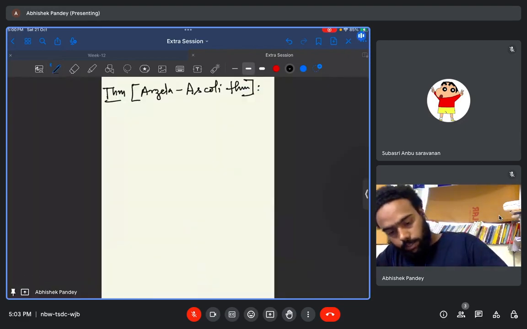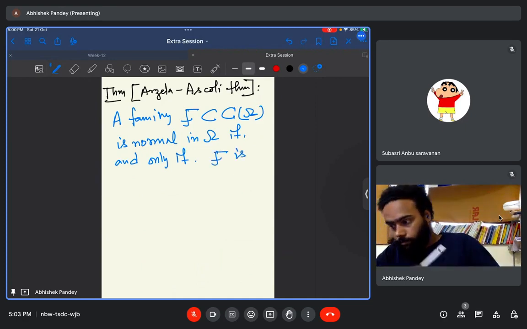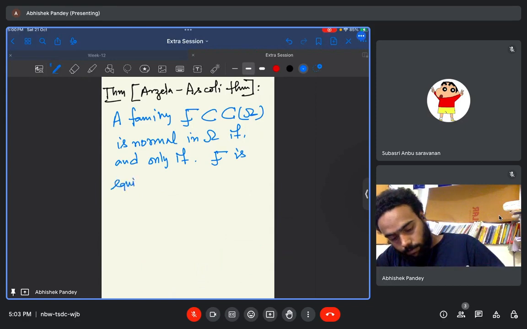So the Arzelà-Ascoli theorem says that a family F in omega is normal in omega if and only if F is equicontinuous and pointwise bounded in omega.